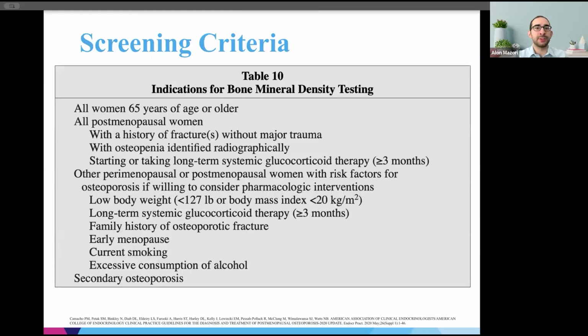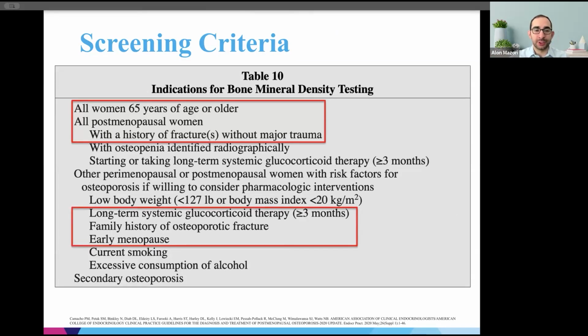This helps us understand the different screening criteria. And while I recommend following all of these different parameters for screening, particularly high-yield ones are all women over the age of 65 and all postmenopausal women that have had a fracture without major trauma, as well as individuals with these risk factors: long-term systemic glucocorticoid therapy, even prednisone 5 milligrams for at least 3 months, family history of osteoporotic fracture, and early menopause.